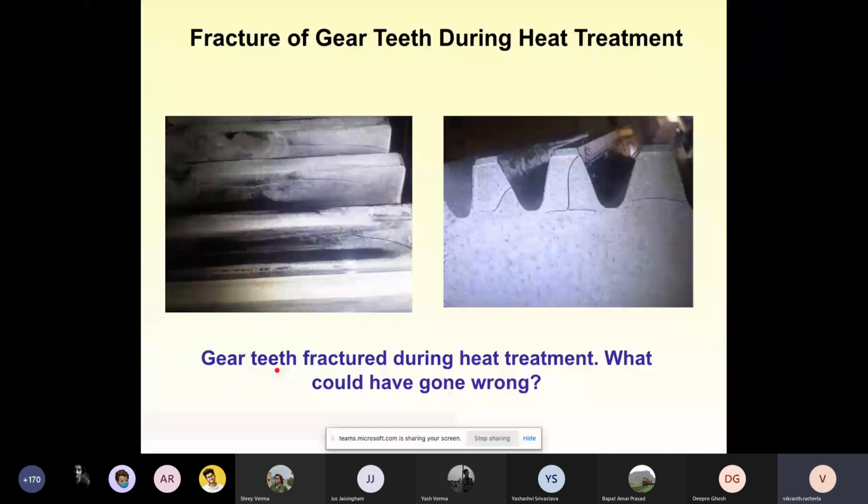What they found was that during the heat treatment process, after all the machining is done, before they do a finishing grinding operation, they take the gears to above the austenizing temperature in a furnace, keep them at that temperature for some time, and then they put the gears in an oil bath. They do not put them in a water bath, they put them in an oil bath.